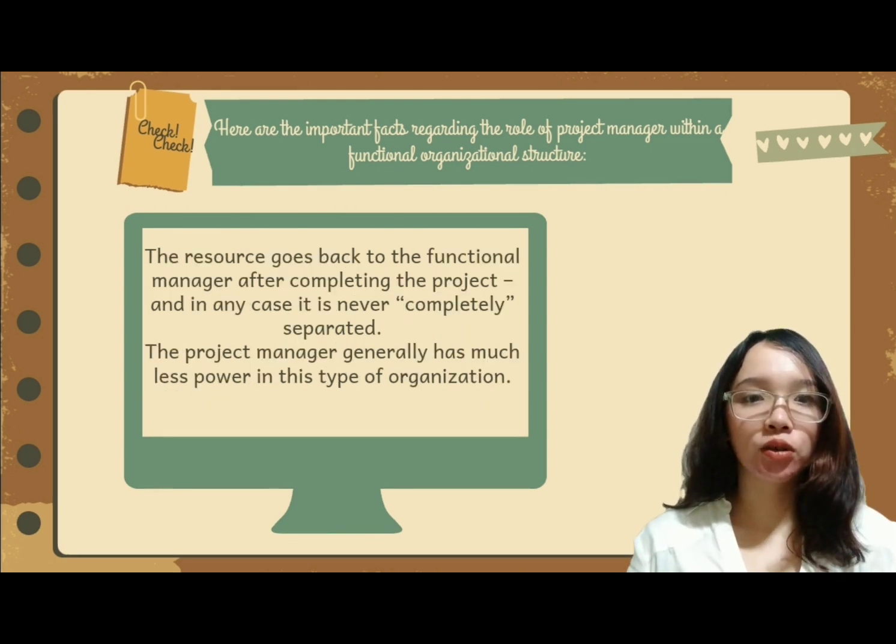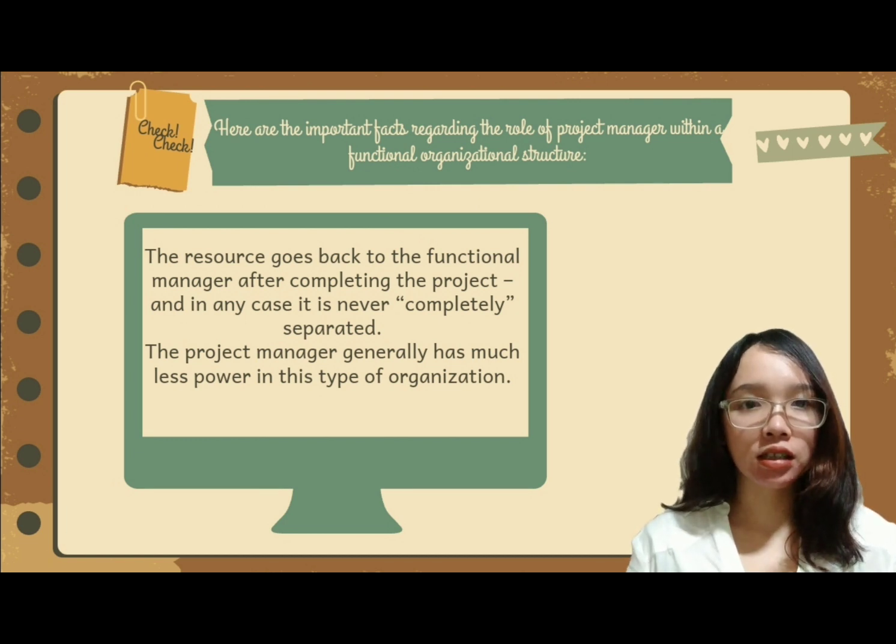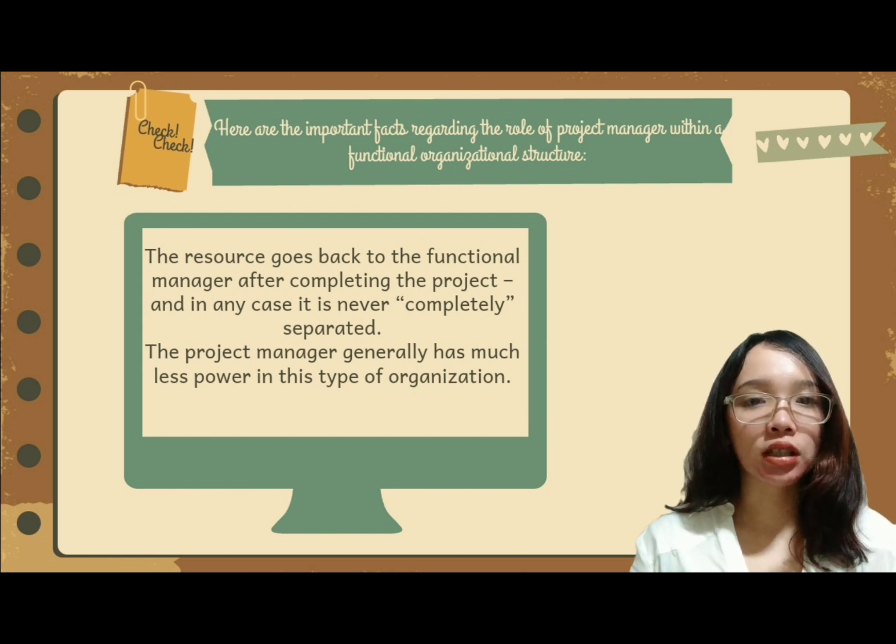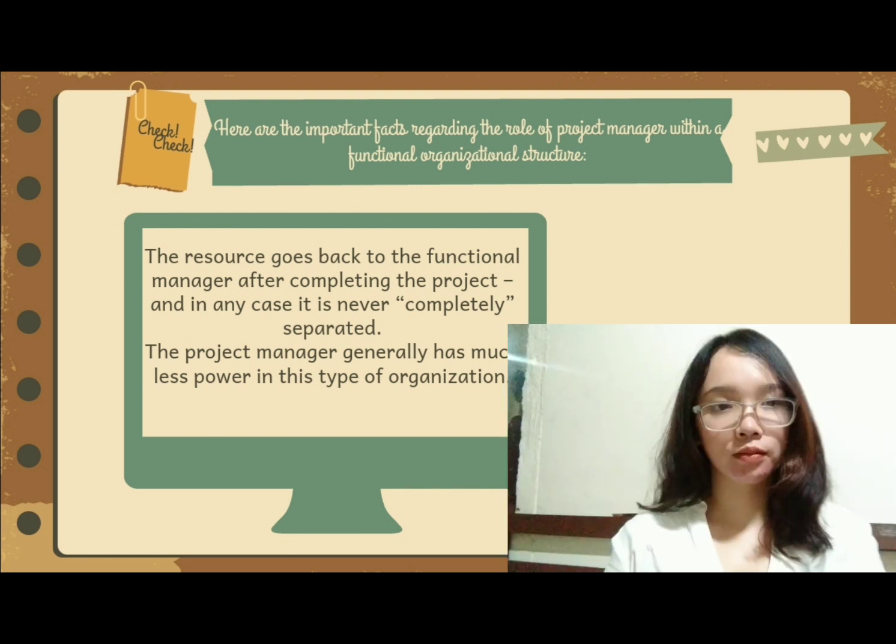The resources go back to the functional manager after completing the project, and in any case, it is never completely separated. The resources that work in this type of organization are always under the authority of the functional managers in any situation.